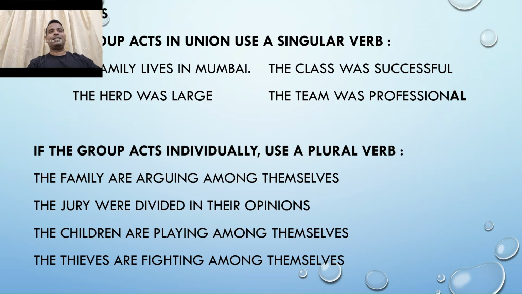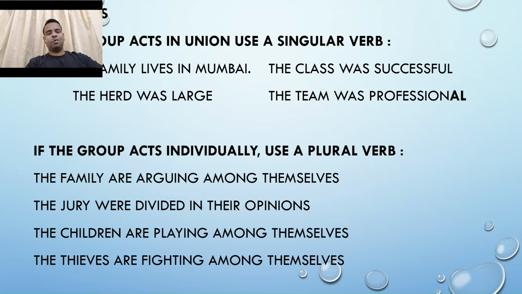Coming to the sixth method of changing singular into plural, we can see here, if the group acts in union, we use it as a singular verb. For example, the class was successful, the team was professional. दोस्तों, यहाँ पे जो टीम है वो एक यूनियन की तरह काम कर रही है, इसलिए इसमें एक सिंगुलर वर्ब यूज किया जा रहा है.